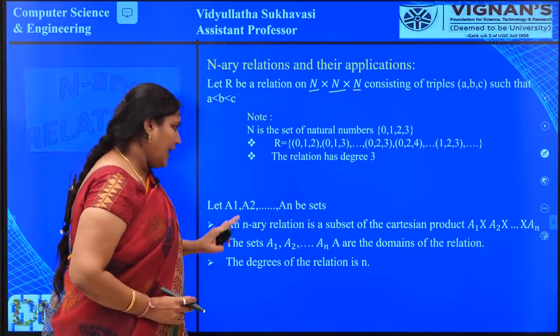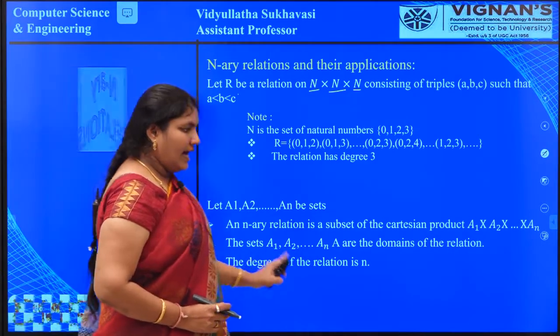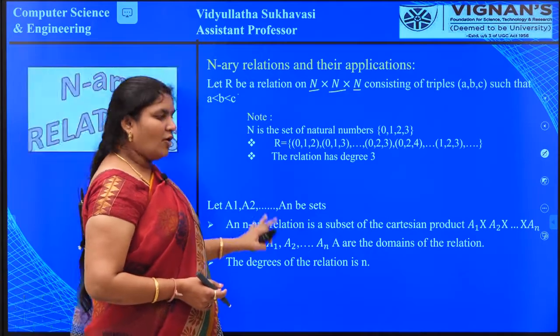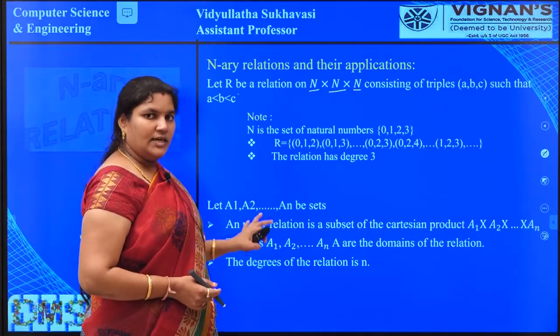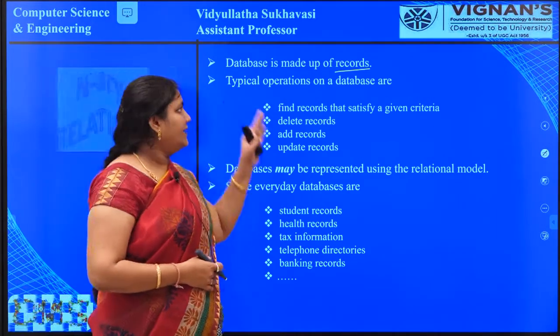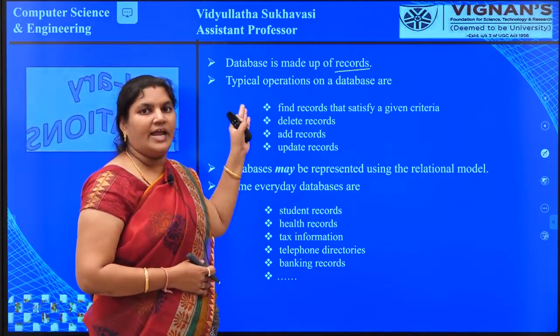And if it is an n-ary relation, we will have n elements in the ordered pair. So how are we going to represent these n elements in databases? A database is an example for an n-ary relation.